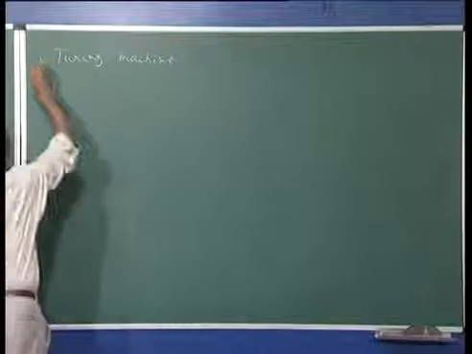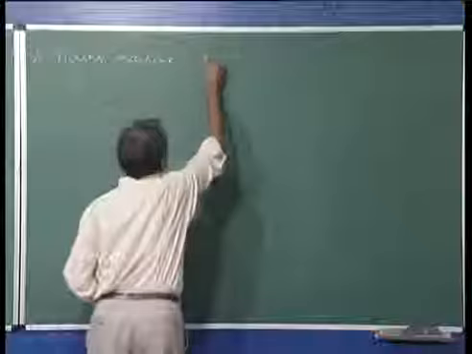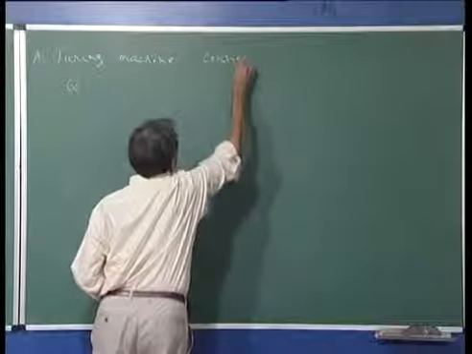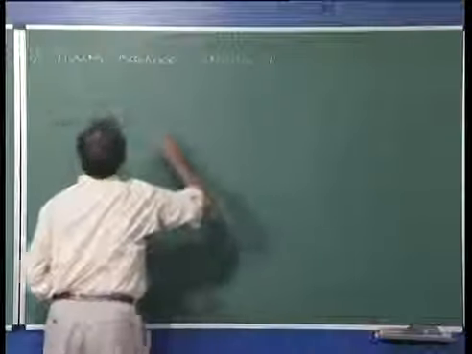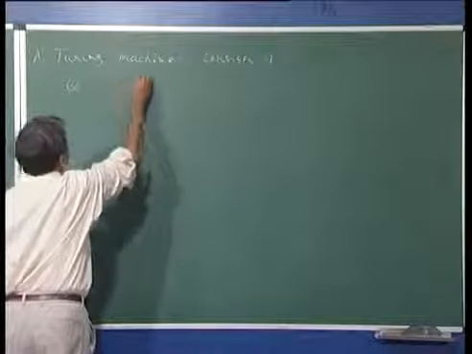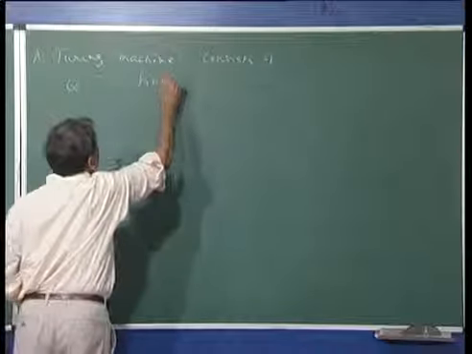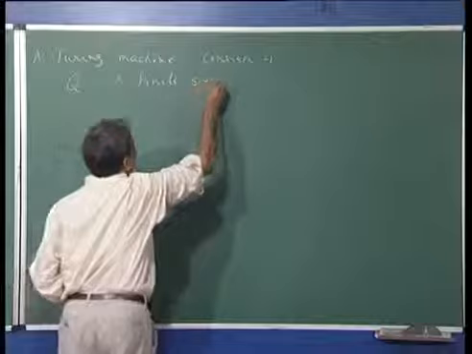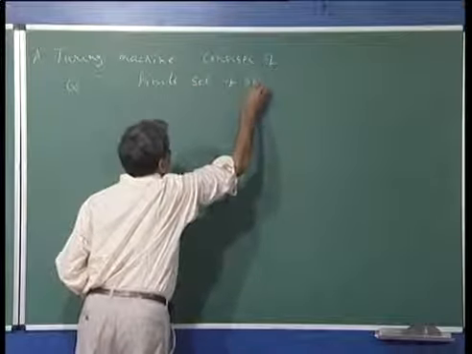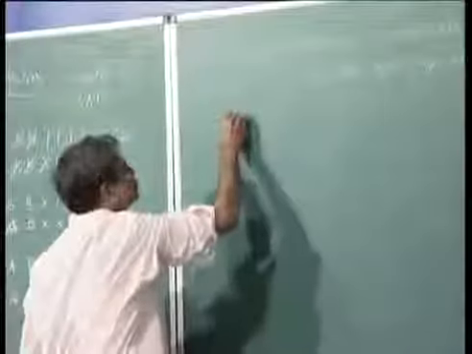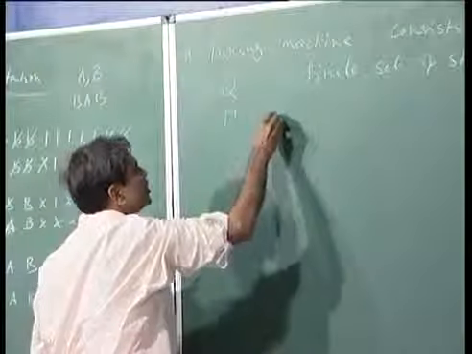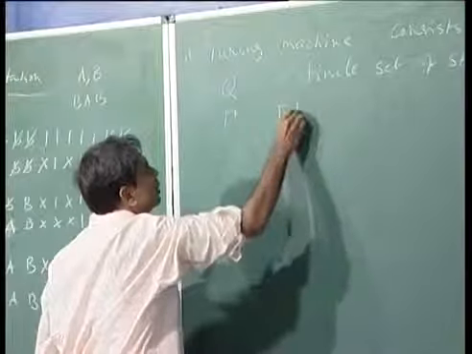So, we can say a Turing machine consists of Q, a finite set of states, then it uses a tape alphabet.